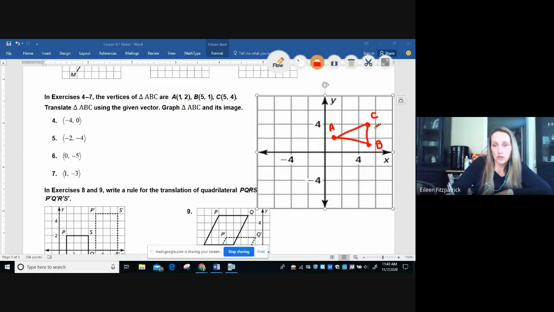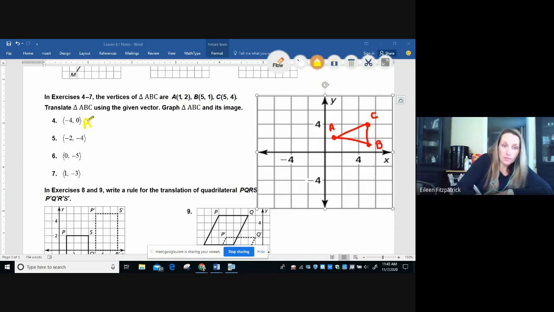prior to any transformations, right? Now the component form tells us how to move, how to translate, how to slide the triangle. So for number 4, we're moving 4 units left and 0 units up. So as far as coordinates are concerned, I'm going to subtract 4 from each of the X values. I'm going to add 0 to each of the Y values.